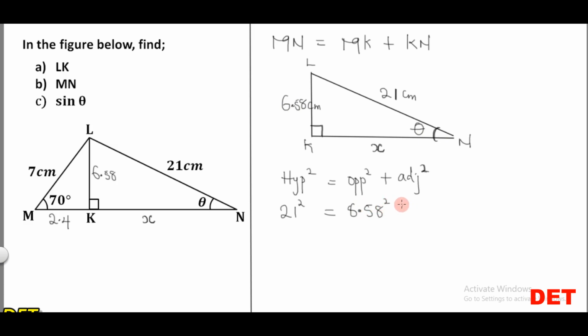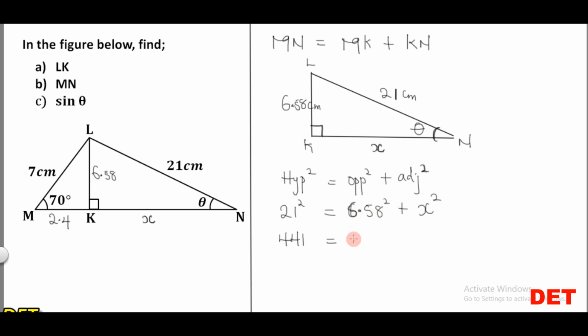So 6.58 squared plus my adjacent, which is where this right angle and this acute angle lie, and that is my KN, which is equal to my X. So plus X squared. 21 squared is 21 times 21, and that will give you 441, equal to 6.58 squared, which is 6.58 times 6.58.